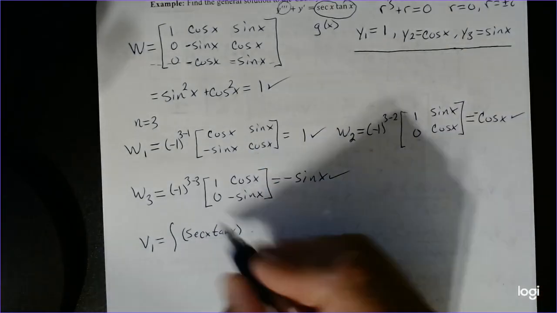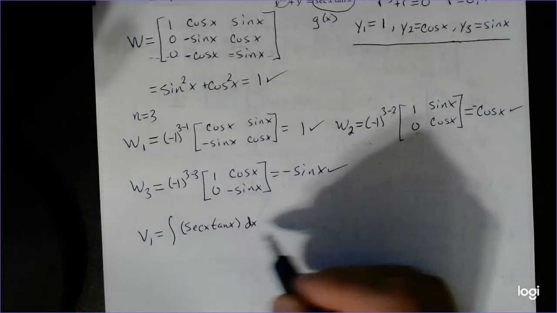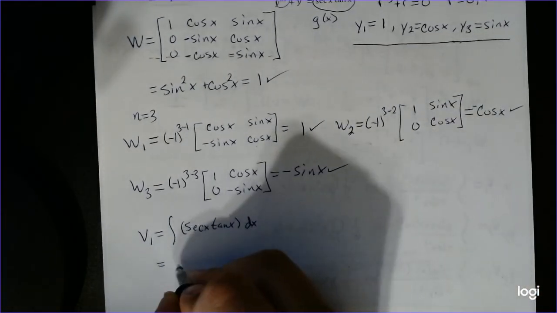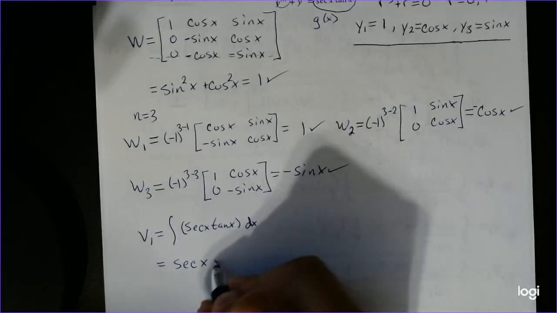So now we're just taking the integral of this, which is great because this is already a property. This is secant x. Good.